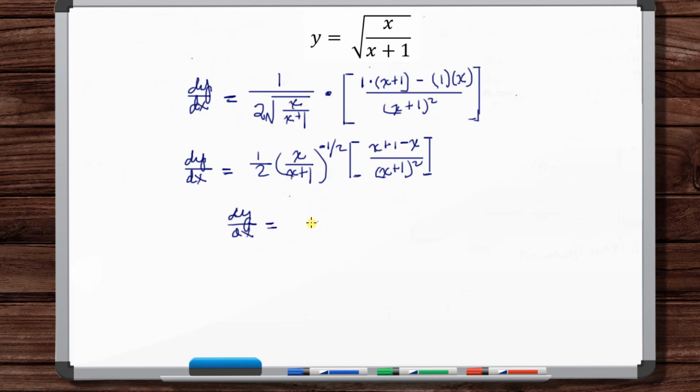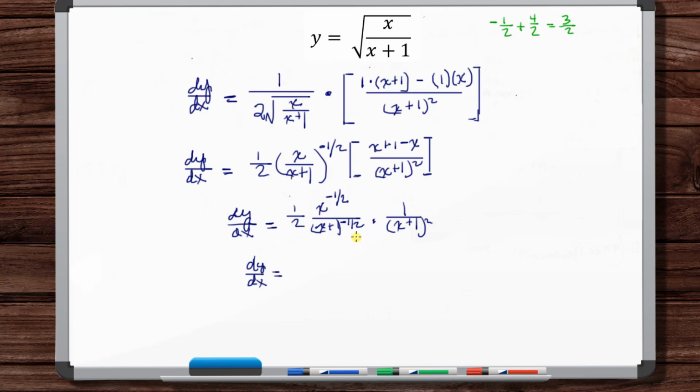We can say that this is... okay, and now x plus 1 to the minus 1/2 times x plus 1 squared: that's minus 1/2 plus 4/2, so 3/2.